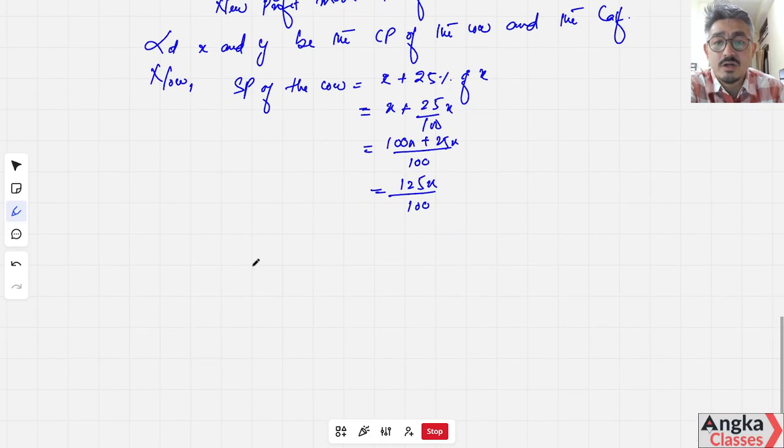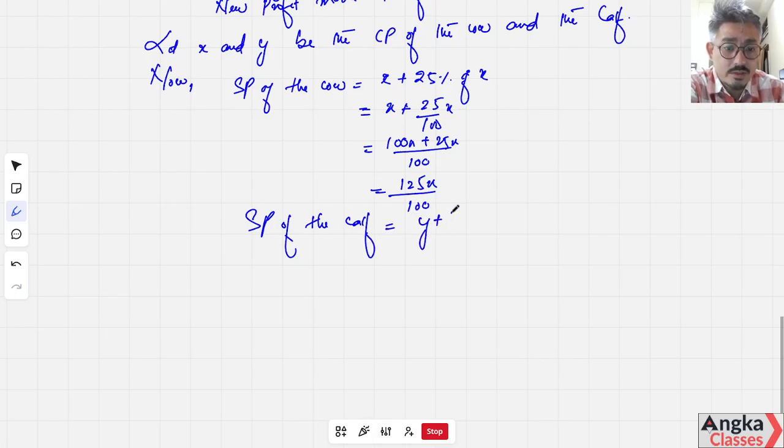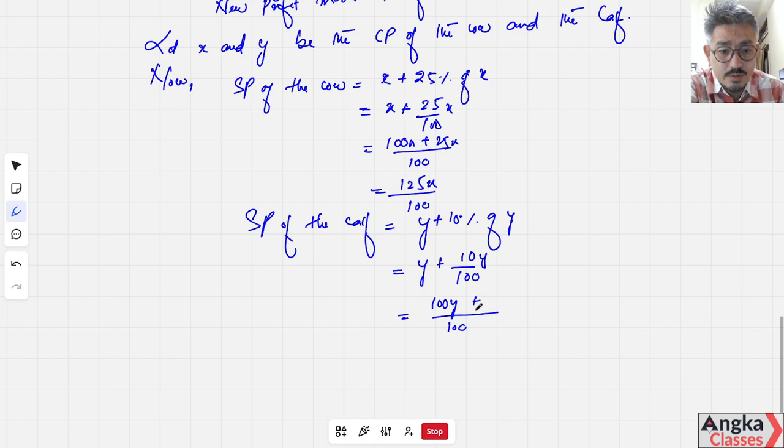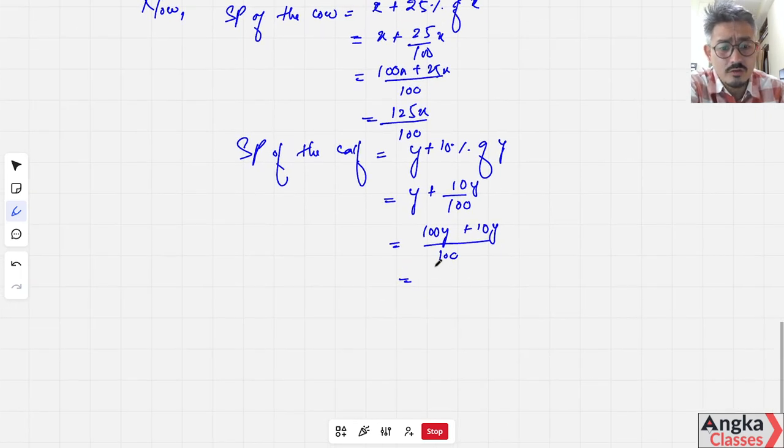Similarly, the selling price of the calf is y plus 10% of y, so y plus 10 by 100 y, which is 100y plus 10y, so we have 110y by 100.